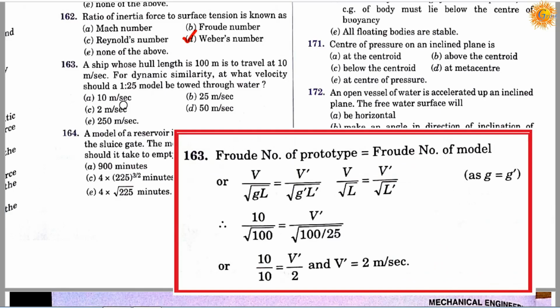Option A is 10 meters per second, option B is 25 meters per second, option C is 2 meters per second, option D is 50 meters per second, and option E is 250 meters per second. So the correct answer is C. It will be 2 meters per second, and you can see its answer here.